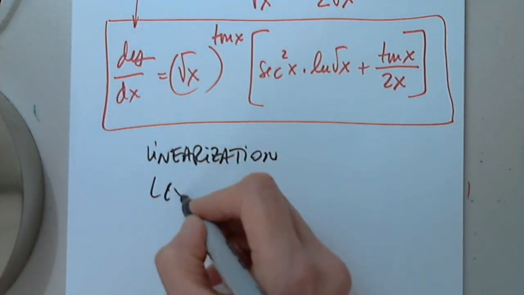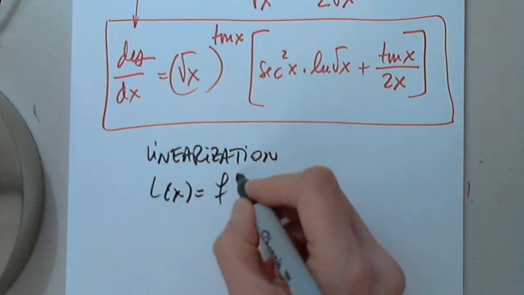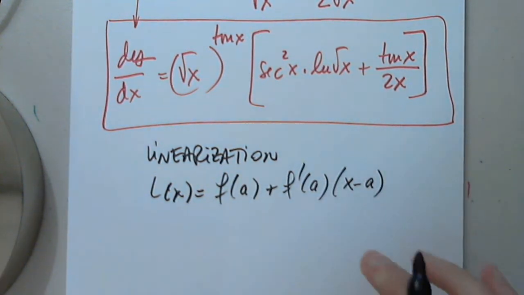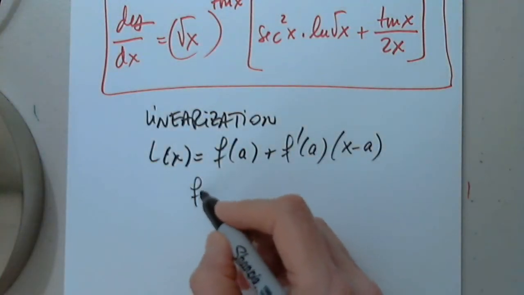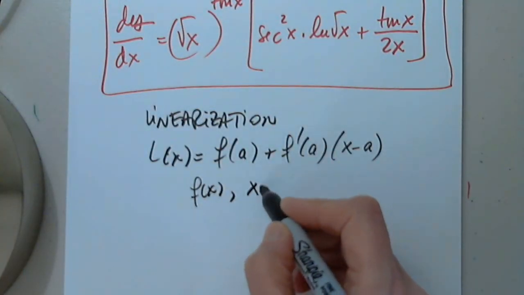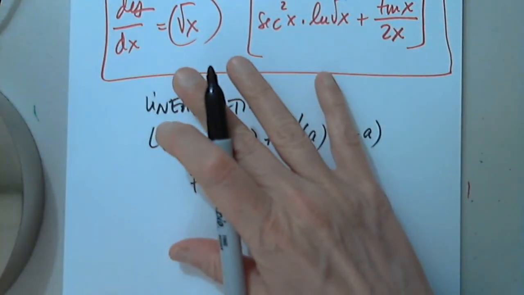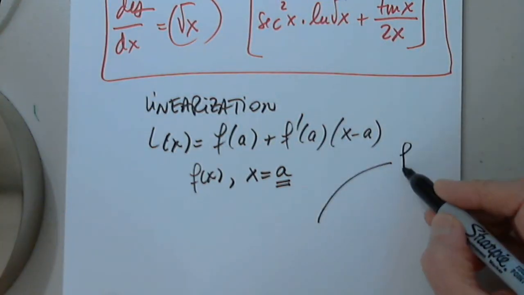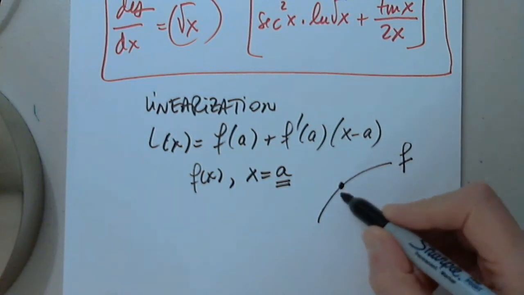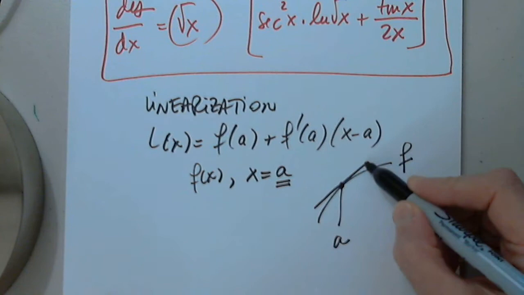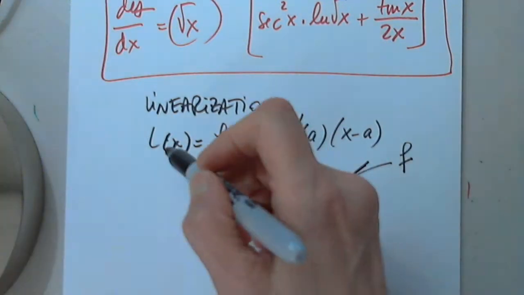Yes, the linearization is a function which is f of a plus f prime of a times x minus a. So you have to be given a function, and you have to be given x equals a. And what this means is if this is the function, and at the point when x is a, I have the equation of the tangent line, which is this.